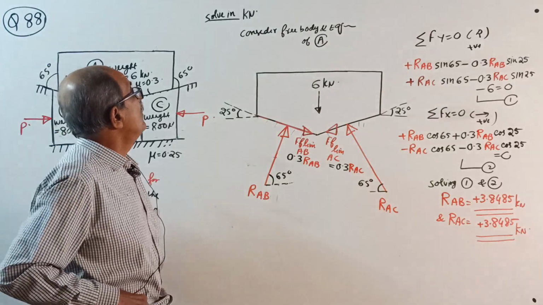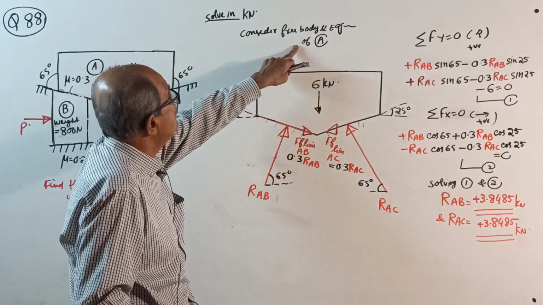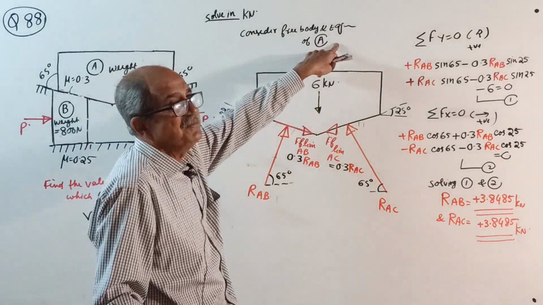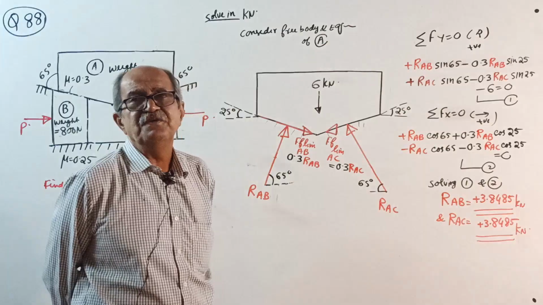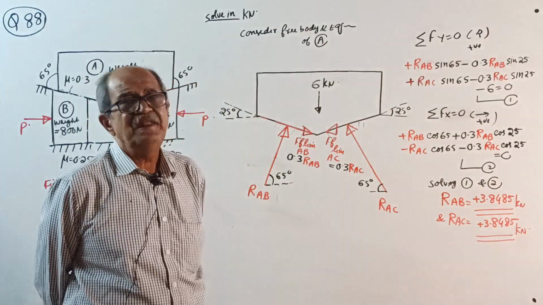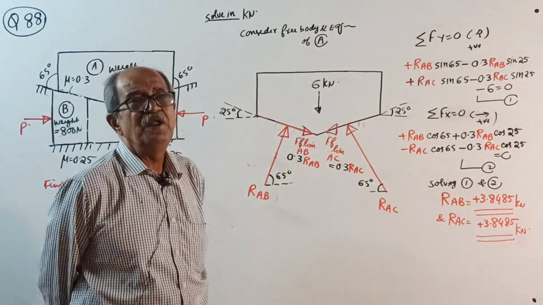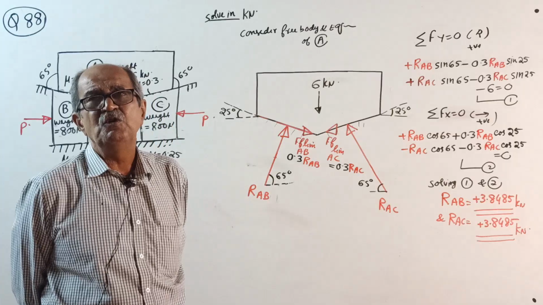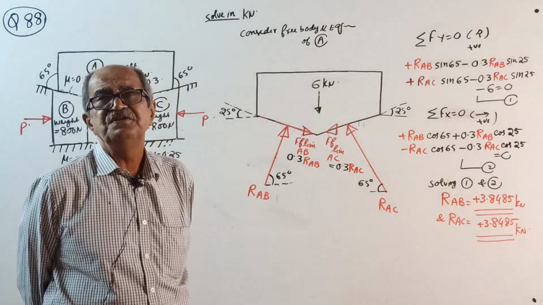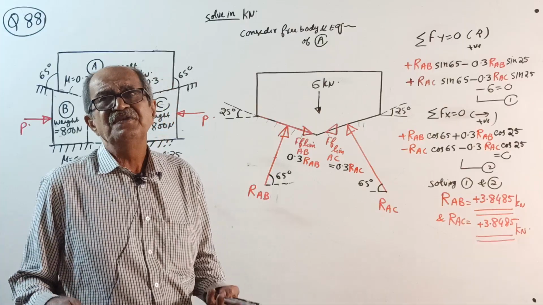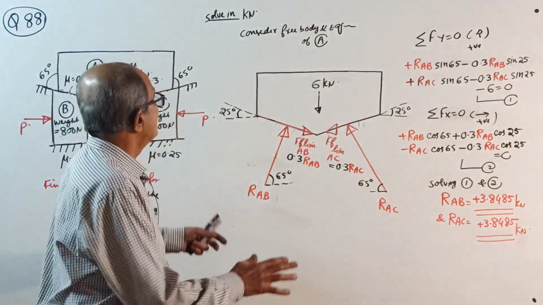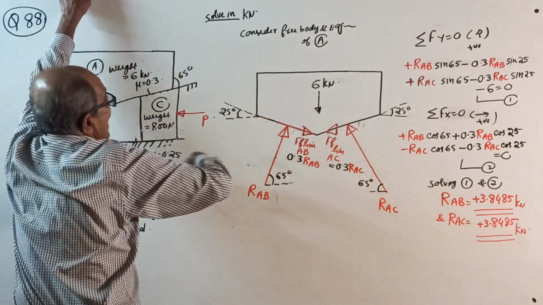Okay, now first consider the free body and also equilibrium. Actually, you consider the free body and then consider equilibrium. This is a standard statement; writing either will do, because when you consider equilibrium, you always have to consider the free body. Okay, start. 6 kilonewton acting down.